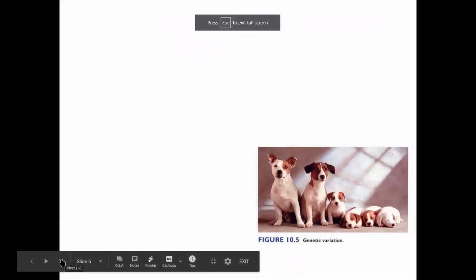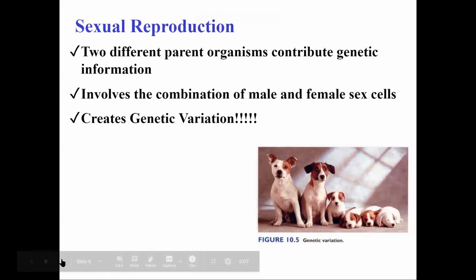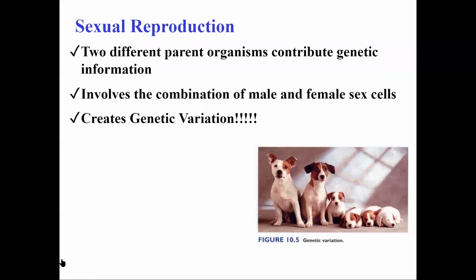The other type is sexual reproduction. In sexual reproduction, you have two different parents contributing genetic information, and you have to have the combination of male and female sex cells, and this will create a new organism. The most important thing about sexual reproduction is that it creates genetic variation. What this means is that all of the offspring of two parents are not going to be exactly the same.